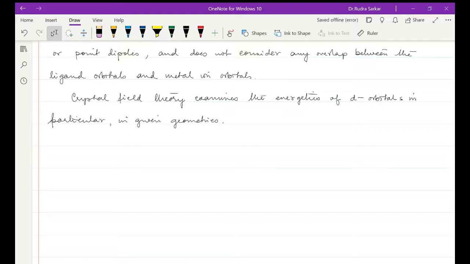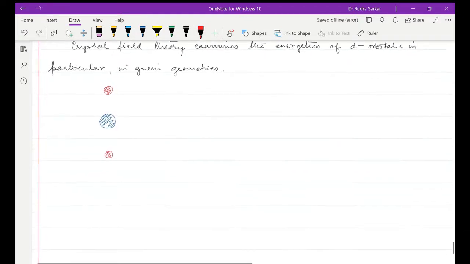Now you can have a metal atom like this, and the donor atoms can be coming along one axis, something like that. Okay. So this is linear.